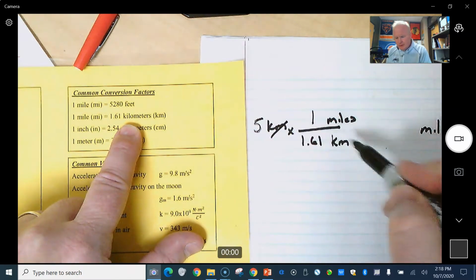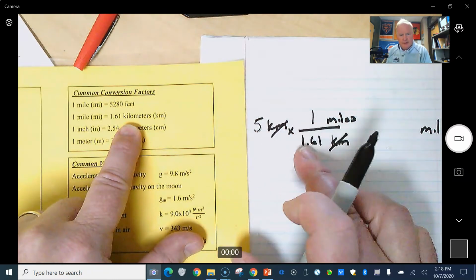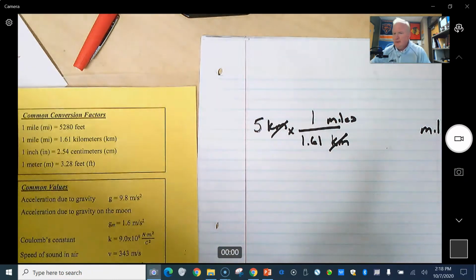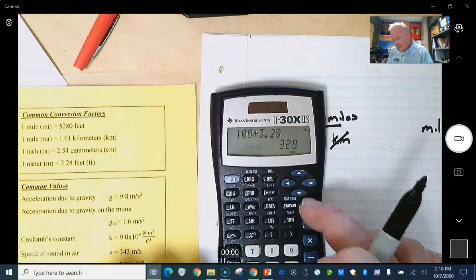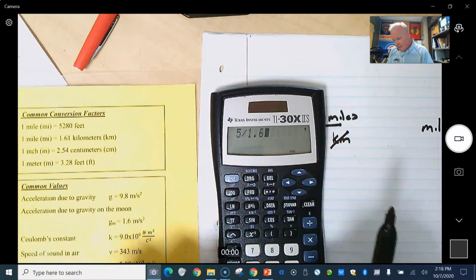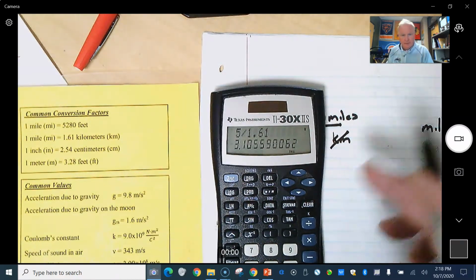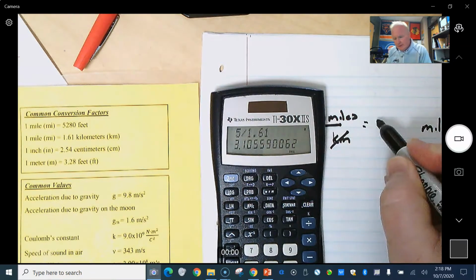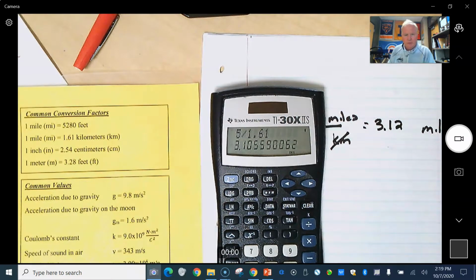So the kilometers go out, and we're going to need to take 5 divided by 1.61. And we put that in our calculator and type in 5 divided by 1.61. And now we're going to get some numbers that are a little bit off, right? They're going to be some long numbers that we're going to have to round. So 3.1, and let's round it to the hundredth, so 3.12 miles.